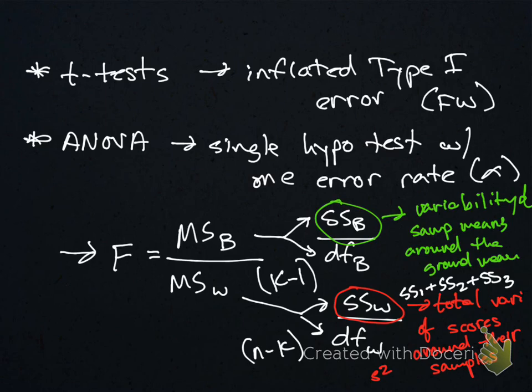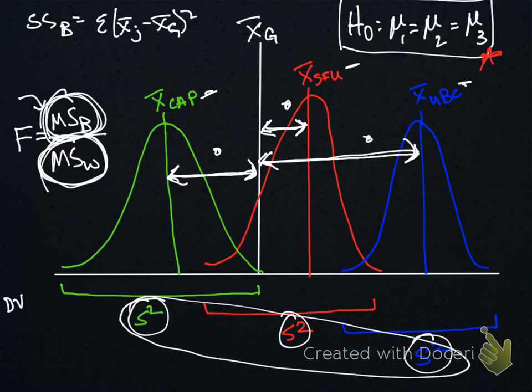But overall, that's kind of the gist of ANOVA, that we have to use this variance ratio instead of mean differences testing, and that because we need these two variances, the mean square between and the mean square within, we got to find these kind of four component parts, two sums of squares, two degrees of freedom. And I've shown you here kind of how those two variances strike that balance between whether the distributions overlap compared to how far apart the sample means are from the grand mean.